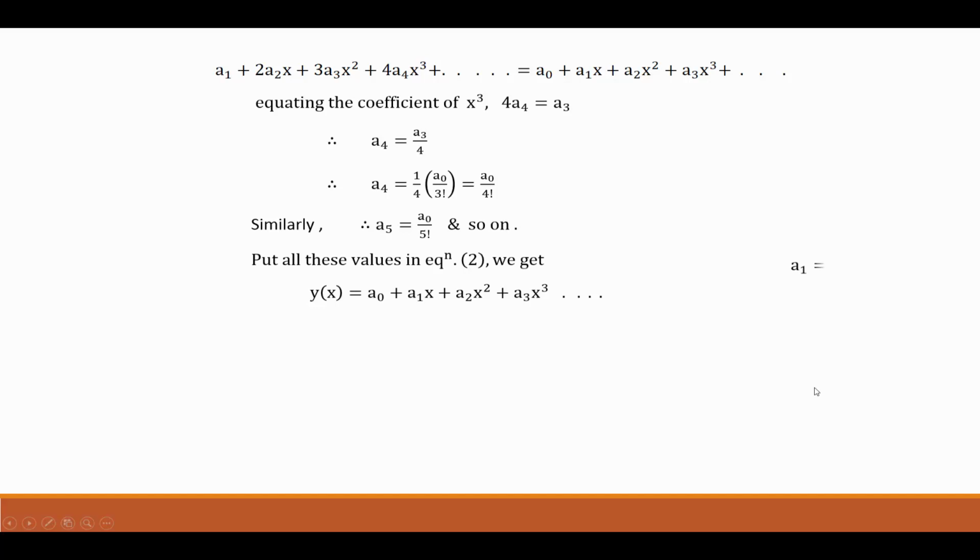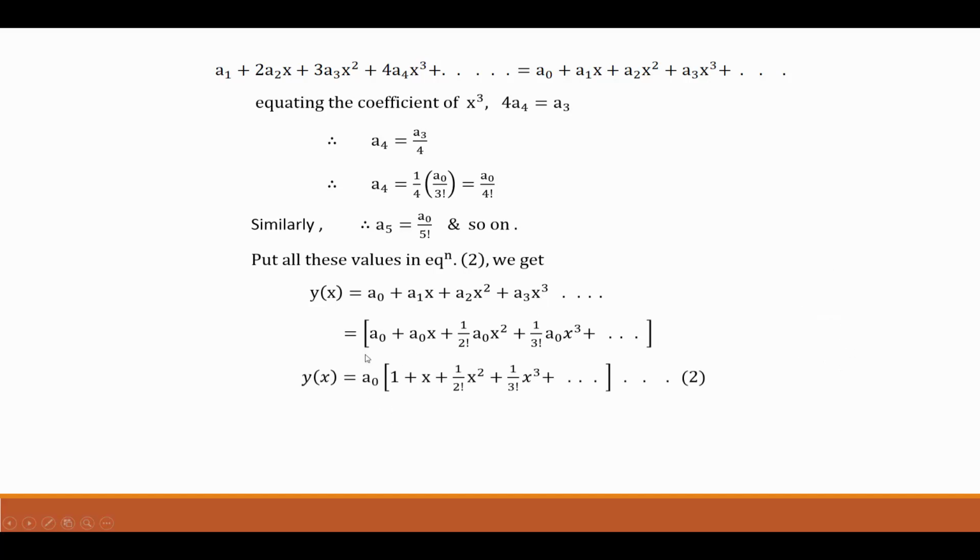Here put the value of a1 equal to a0, a2 equal to a0 upon 2 factorial, a3 equal to a0 upon 3 factorial, a4 equal to a0 upon 4 factorial, a5 is a0 upon 5 factorial. So we get a0 plus a1 is a0 into x plus a2 is 1 upon 2 factorial into a0 x square plus a3 is 1 upon 3 factorial into a0 x cube plus dot dot dot.